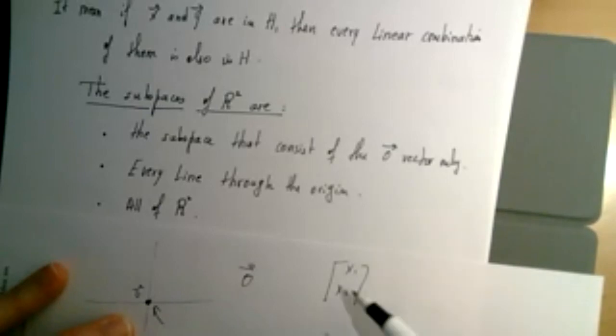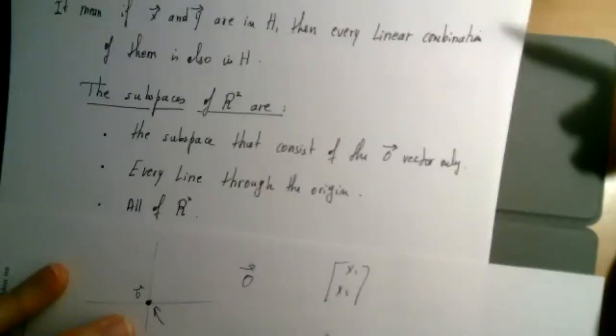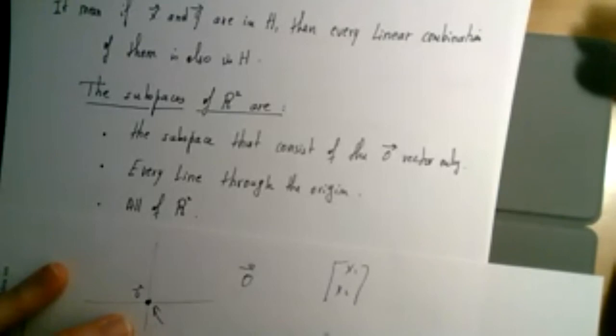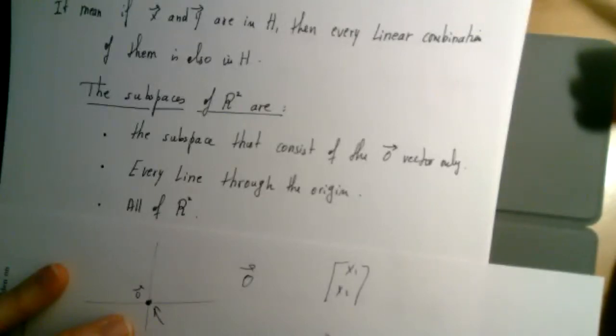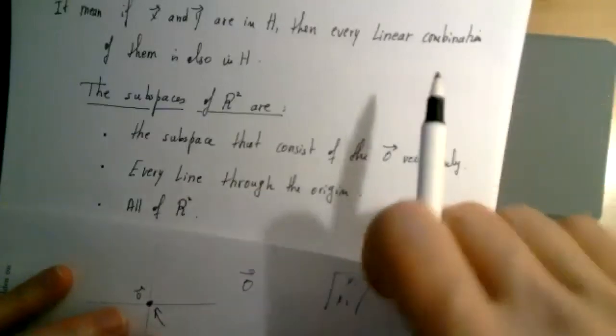Multiplying a vector with two components by a scalar, you end up with a vector with two components. So all of R2. And the question: are there more subspaces than that? Is there anything else? Actually, the answer is no. These are the only possible subspaces of R2.